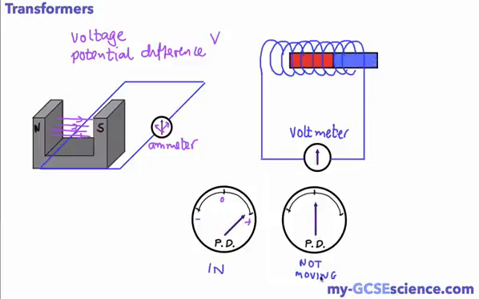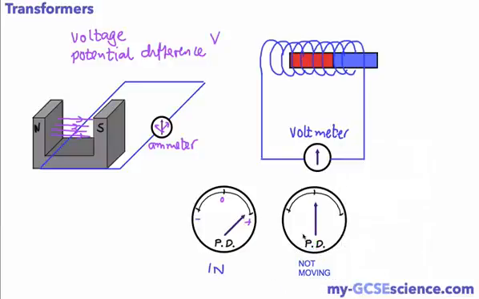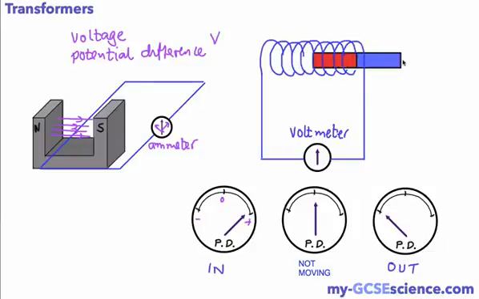If the magnet is not moving, we have no potential difference, and you guessed it, if the magnet is moving out, the potential difference is recorded in the opposite direction. So moving this magnet in and out of the coil can cause a potential difference to be induced across the wire over here. And this is the basic idea behind the working of a transformer.